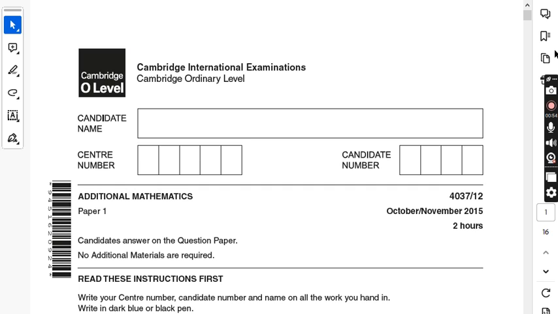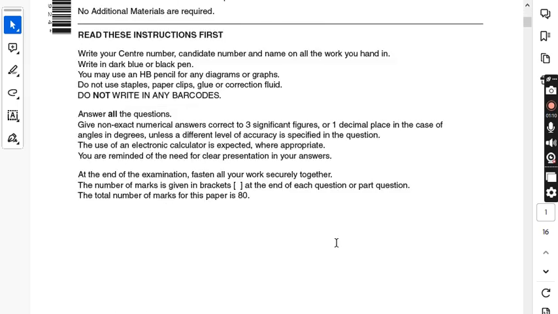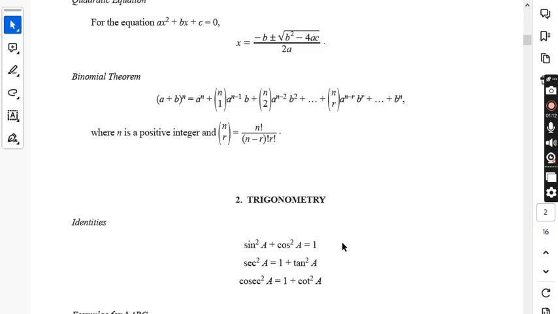So today I have chosen the topic integration and I choose paper October-November 2015, paper 1-2, question number 2. You can see on your screen.